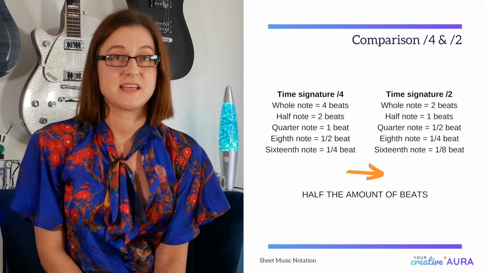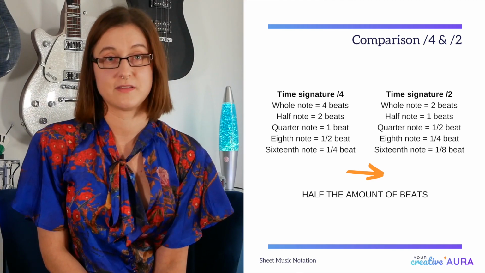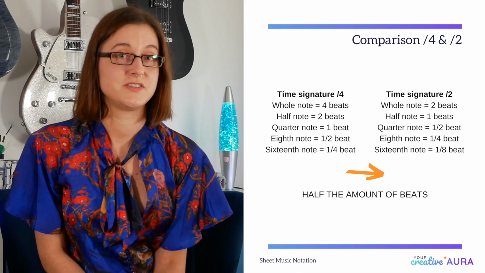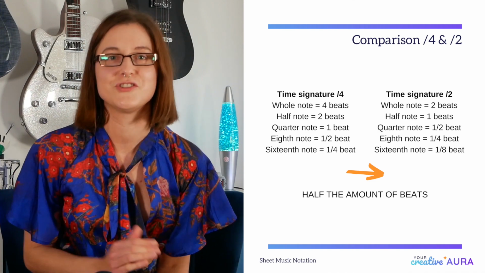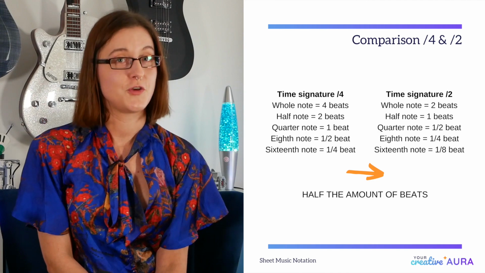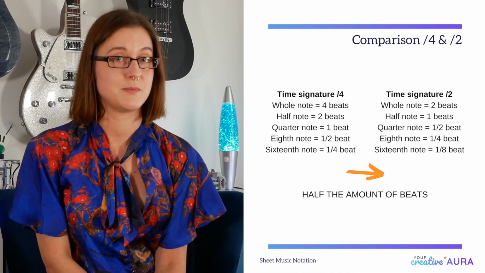Now let's change the comparison and compare the quarter note to the half note time signature. And as you can see, the opposite happens. A whole note, which had 4 beats in the quarter time signature, is now only worth 2 beats in the /2 time signature.